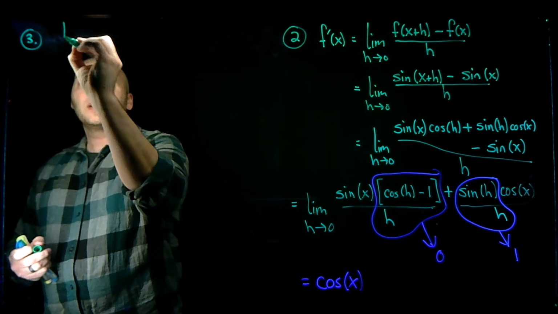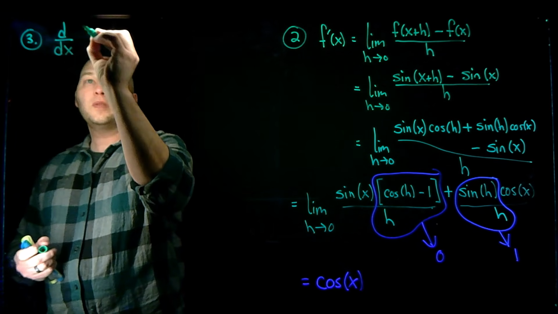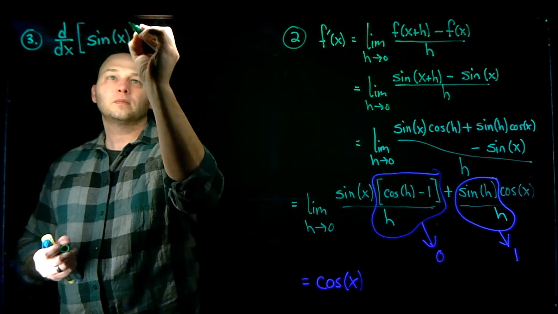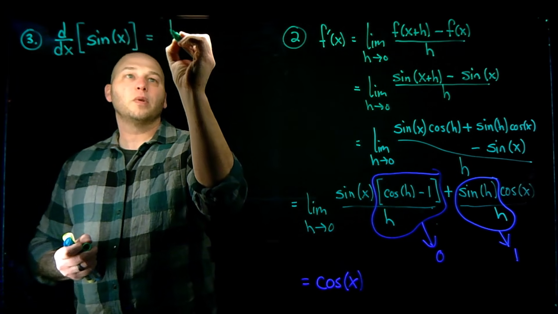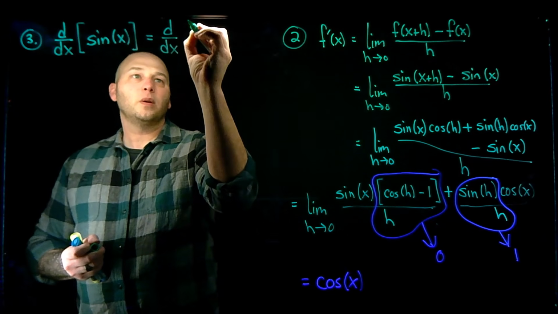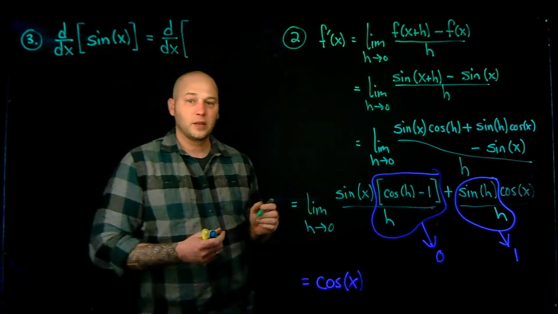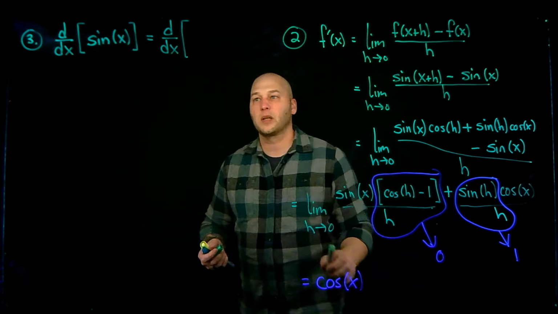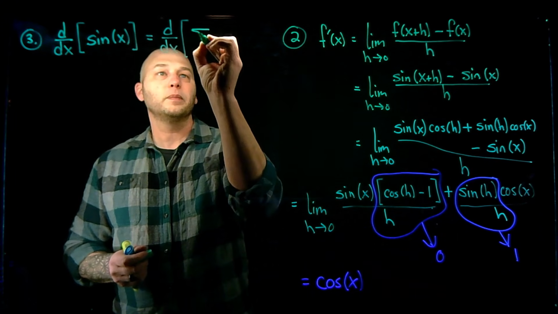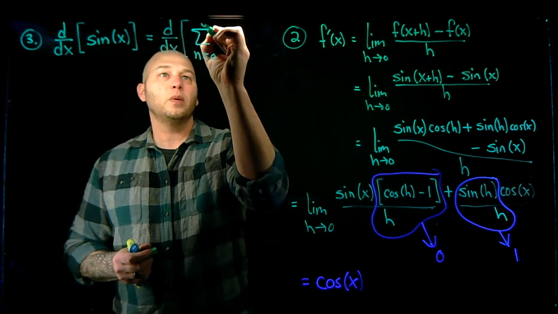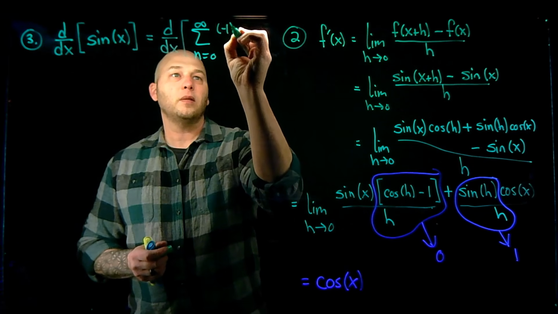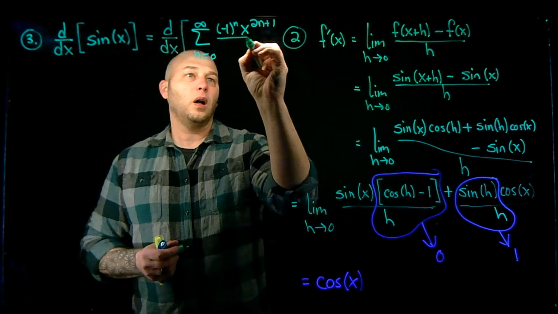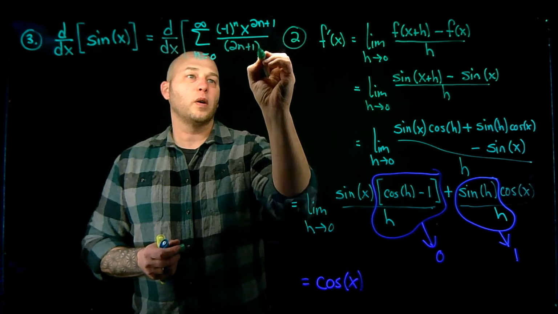The derivative of the sine function is equal to, so it's the derivative, and what I'm going to do is I'm going to replace the expression for the sine function with its Taylor series, more specifically the Maclaurin series representation, which is the sum from n equals 0 to infinity of -1 to the n, x to the 2n plus 1, all over 2n plus 1 factorial.